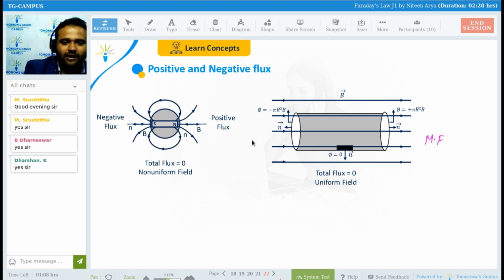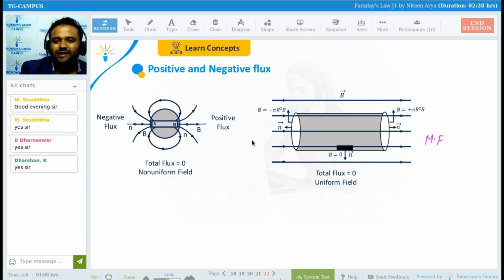So for a non-uniform field, how so? Very easy, because it is a circle, or you can say a loop of a wire or any particular area in circular form. As you can see, for the non-uniform field, the magnetic field is going in and going out, so total flux is 0, which we already discussed in Gauss law of magnetism.